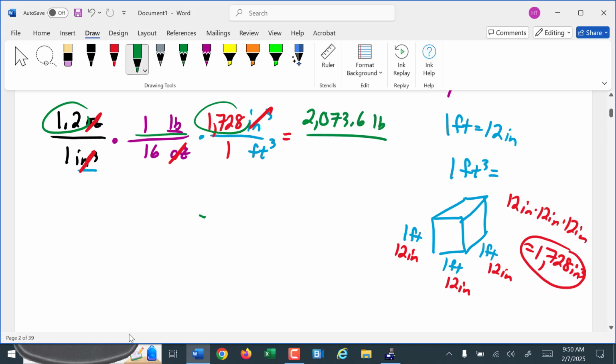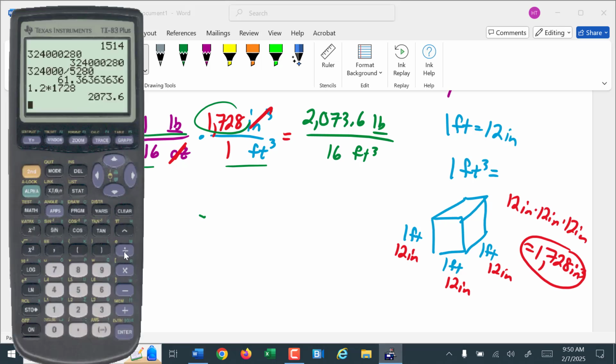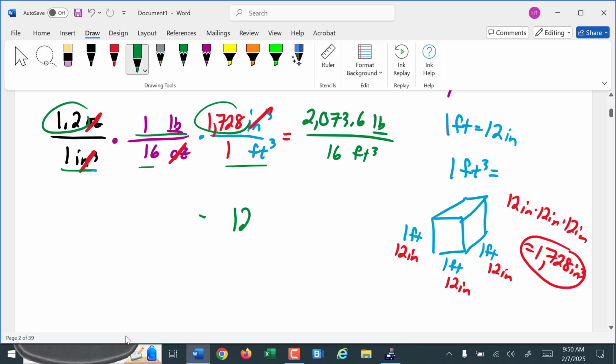That's pounds. On bottom, 1 times 16 times 1 cubic foot is 16 cubic feet. So we have to divide that out. We're going to divide by the 16 with 129.6 pounds per cubic foot. That is the density of some of your lighter metals. I mean, that's right around the density of aluminum.